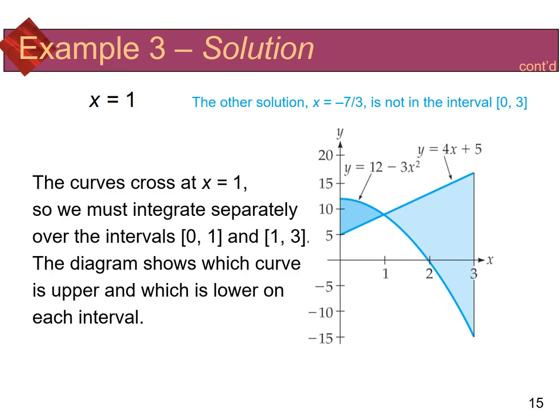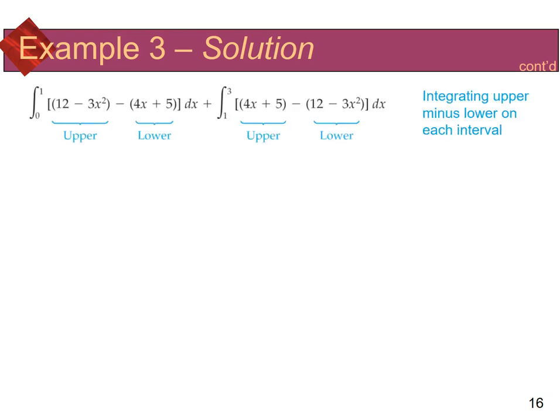So when I want to find the area, I'm going to do the area from 0 to 1 of upper minus lower, and then I'm going to do the area from 1 to 3. Notice how I have the two expressions in different positions, because I'm always doing upper minus lower.